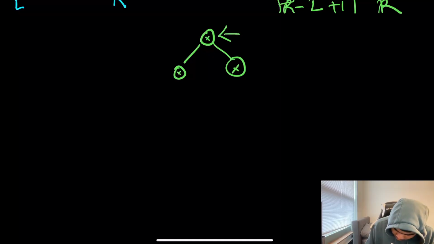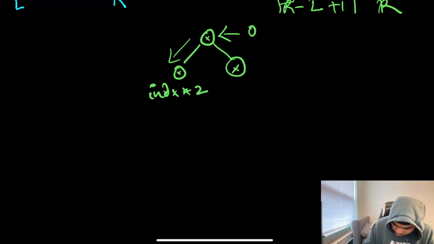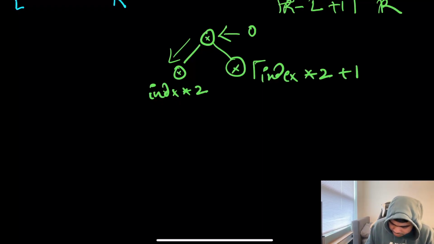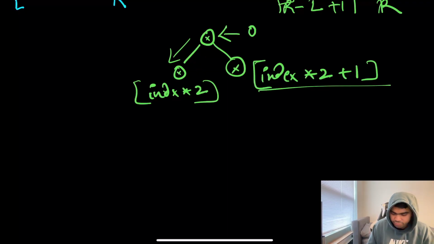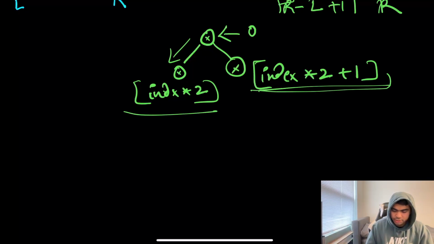If this was supposed to have an index 0, then the left child can be calculated as index into 2, and the right child can be calculated as index into 2 plus 1. So that's how we can calculate the left and right index of a binary tree.